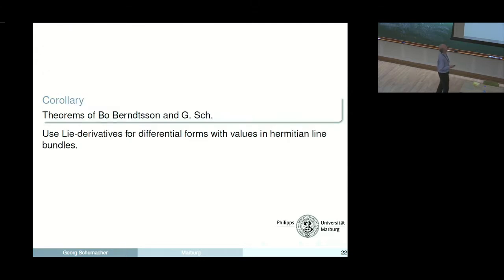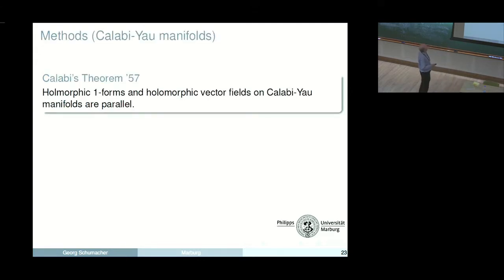Okay, so I would like to make some remarks about methods. So we have been talking about Calabi-Yau with the Calabi-Yau theorem, and one of Calabi's first theorems on this was the case that holomorphic forms, holomorphic vector fields, or holomorphic tensors are always parallel with respect to a Ricci-flat metric.